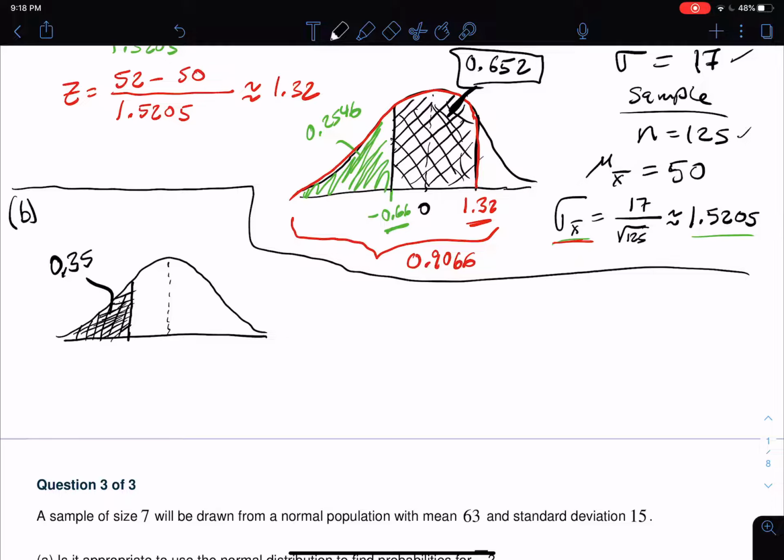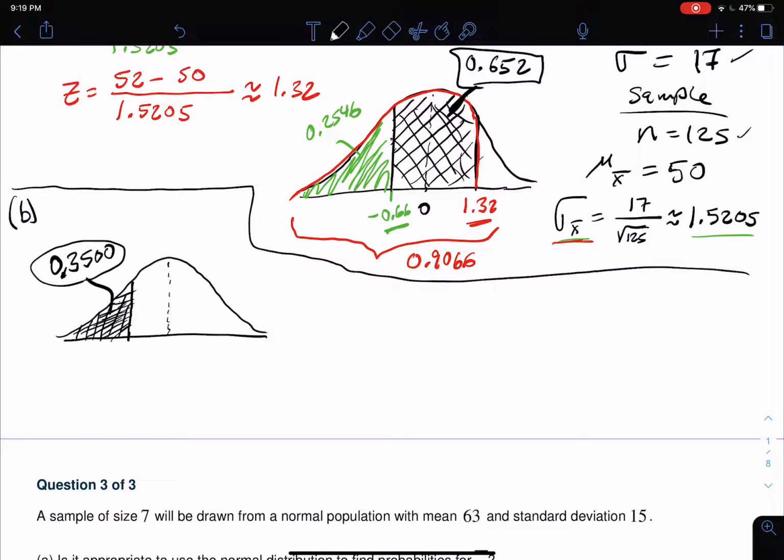However, I don't have my z-table with me because I've done it quite a few times. I'm hoping you can remember how that goes. Now, this is area. So look on your z-table, in the body, the middle of the z-table, for an area of 0.35. And of course, there are 4 decimal places in there. Try to get as close as possible. And it's not perfect going backwards like this.